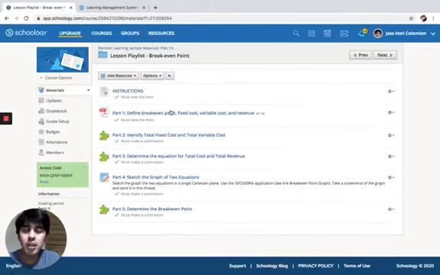As you can see here, this is what we call a partial discovery, because not all content is directly given to the students. However, this is still called partial because there is still a direct instruction part here.